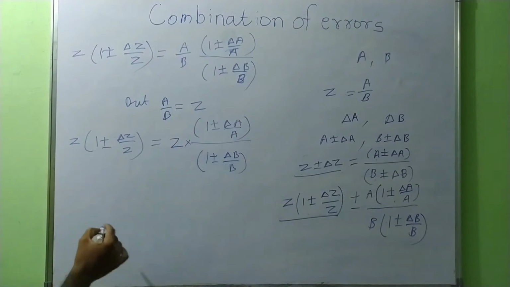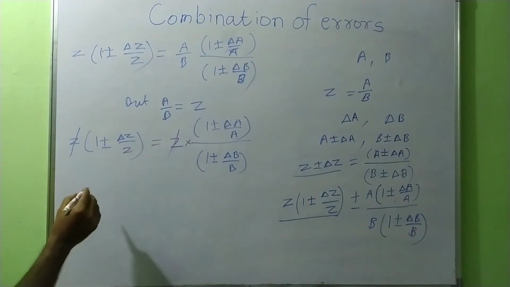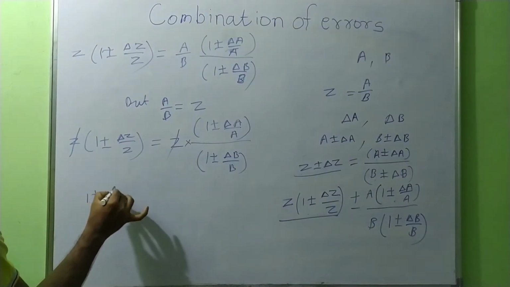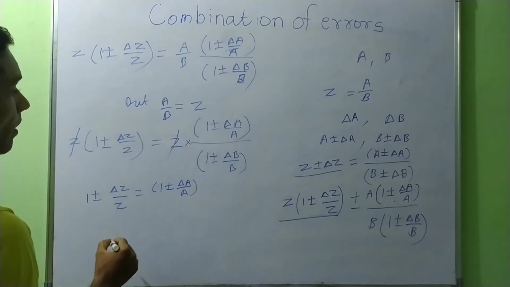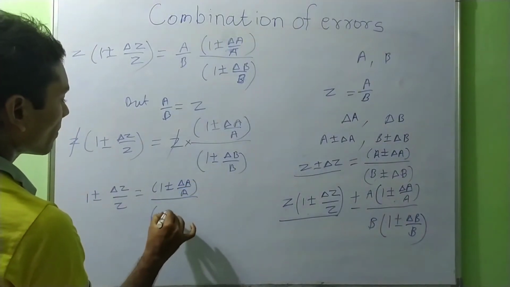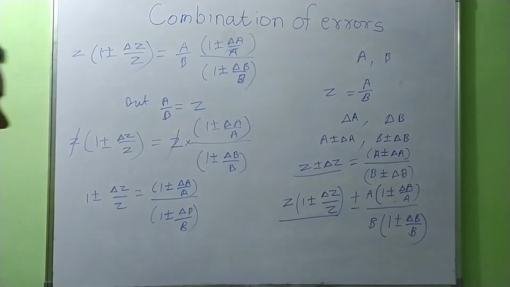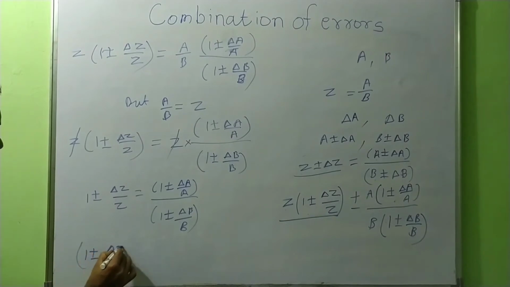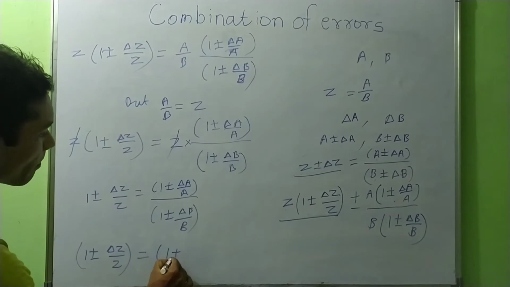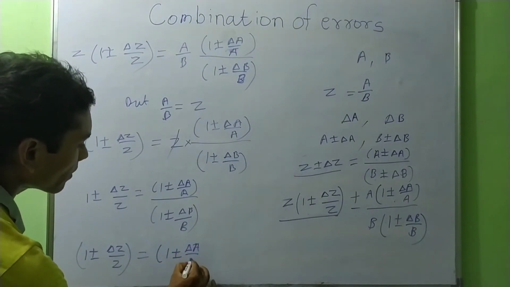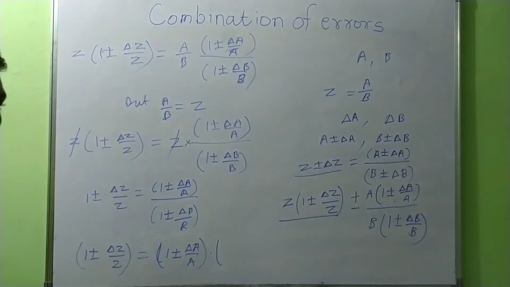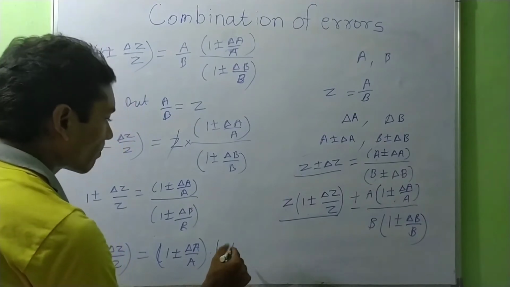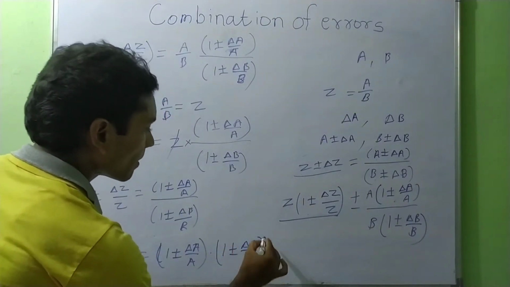Because this is a product, Z will be cancelled by this Z. So 1 plus minus del Z upon Z equals 1 plus minus del A upon A upon 1 plus minus del B upon B. This equation can be written as 1 plus minus del Z upon Z equals 1 plus minus del A upon A, and if we take the denominator term to the numerator, it becomes the product 1 plus minus del B upon B to the power minus 1.